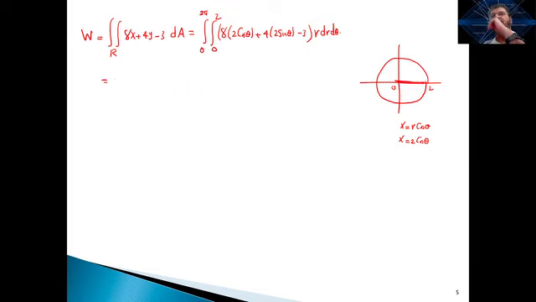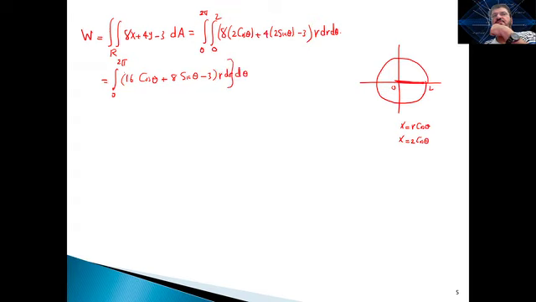And this is equal to the integration from 0 to 2 pi of 16 cosine theta plus 8 sine theta minus 3. This is r dr d theta.